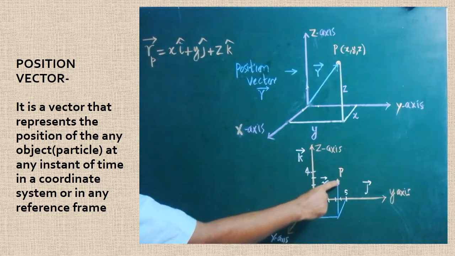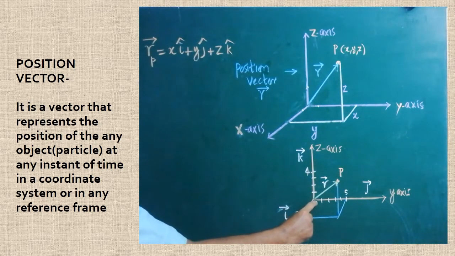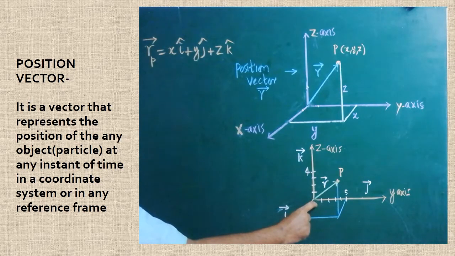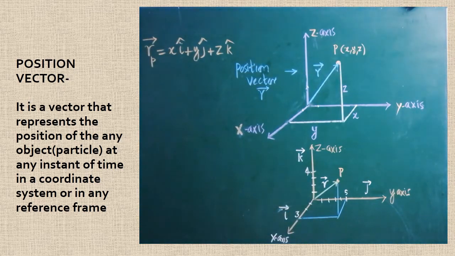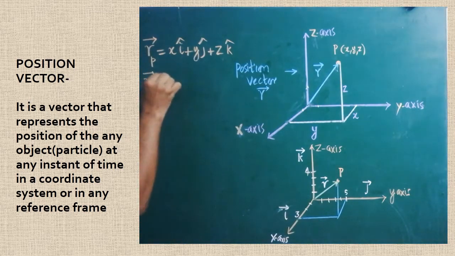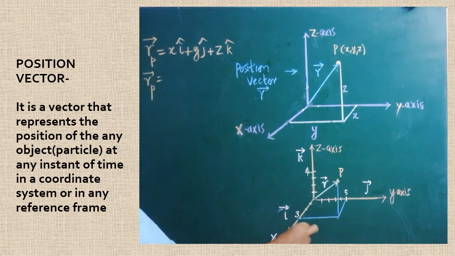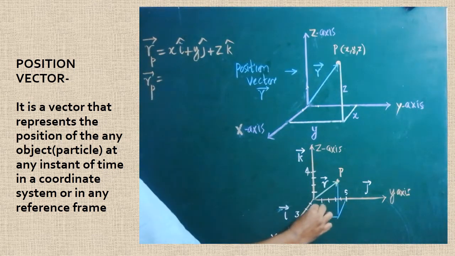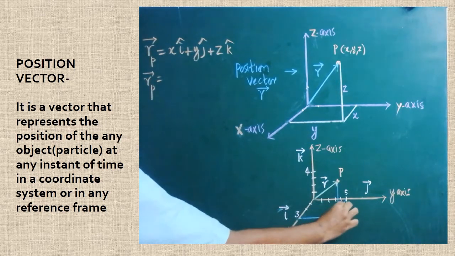That point P is located 3 units away from the x-axis. With respect to x-axis, it is at a distance of 3 units. Therefore, how can it be written? R p vector is equal to, actually this distance is nothing but this one. This distance should be taken here.